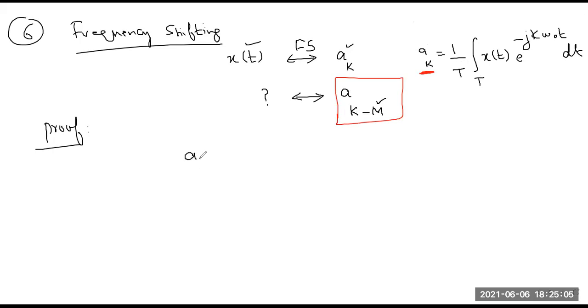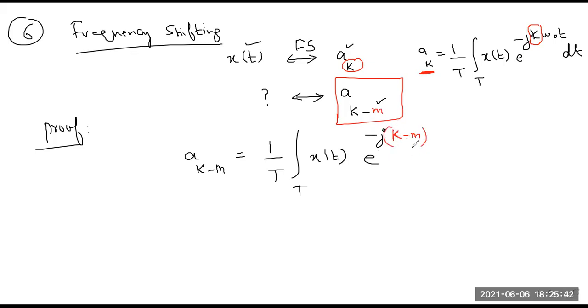So what is going to be the representation of this new Fourier series coefficient? The Fourier coefficient a k minus m must be equal to 1 over T integration over T of x of t e power minus j, and now I'm going to replace k by k minus m, so e power minus j k minus m omega naught t. Here this is small m and this is small k.